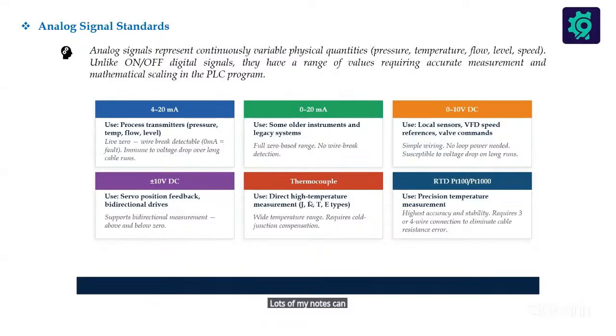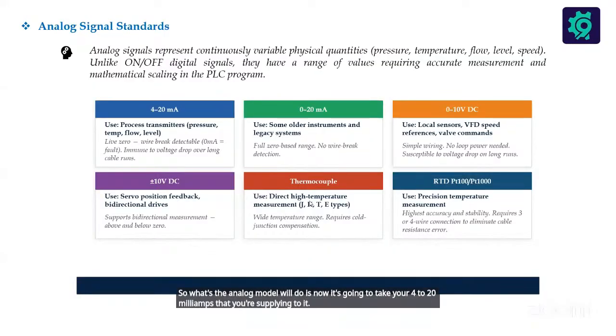It will be sent into the PLC via the analog input module. That analog input module is also considered as an analog to digital converter. So what that analog module will do is, it's going to take your 4 to 20 milliamps that you are supplying to it.